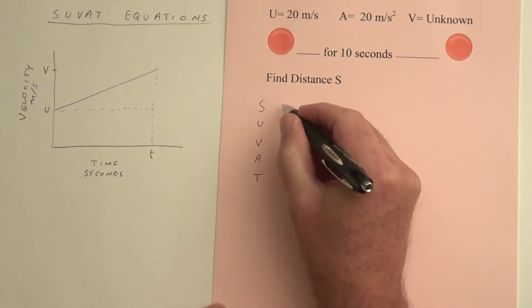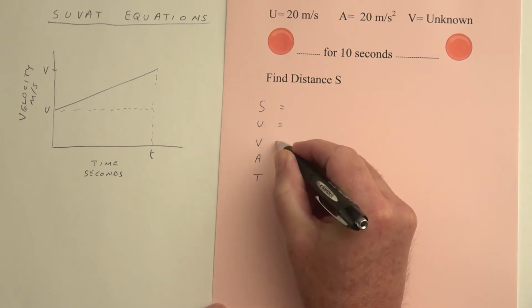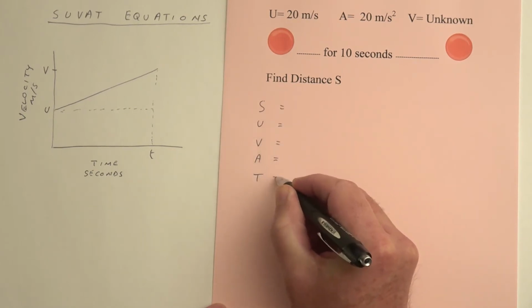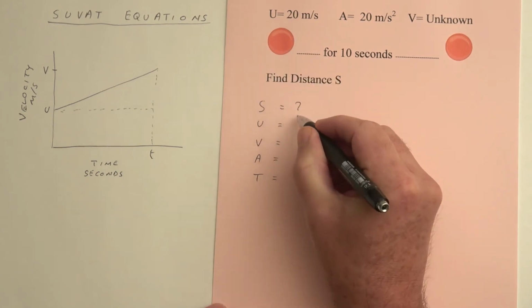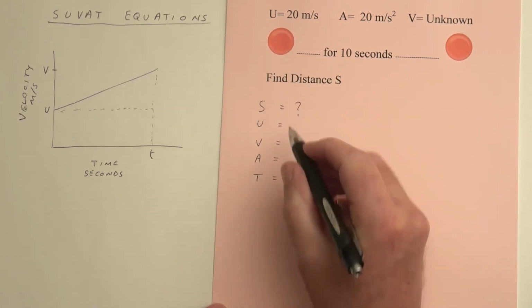Another one. What have we got here? Okay, we've got all these bits put in. We've got to find the distance again.